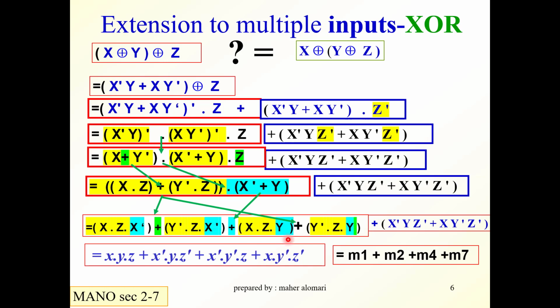And this here is minterm 7, which is this. And this here is also minterm 2. This one here is minterm 1. This is minterm 2, and this is minterm 4, and this here is minterm 7. So we are left with these expressions here, M1, M2, M4, and M7.